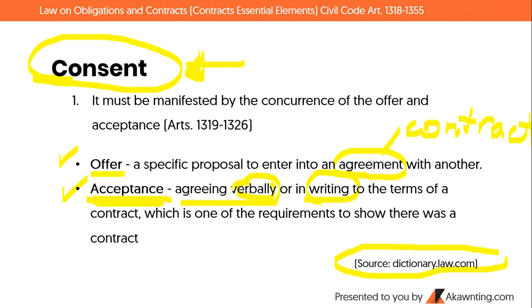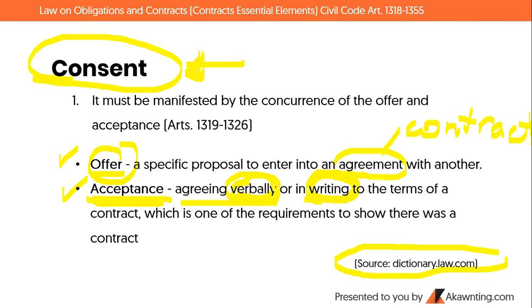Actually, this is true as well with offer. Pwedeng yung offer mo, verbal, pwede rin in writing yung offer mo. And ultimately, pagdating natin sa contracts, yun nga, yung mga different types of contracts, sabi ko nga last time, dun sa initial video natin, ang mga contracts, hindi po siya necessarily in writing or may pinipirmahan. Okay? So, okay lang na verbal din ang mga kontrata.